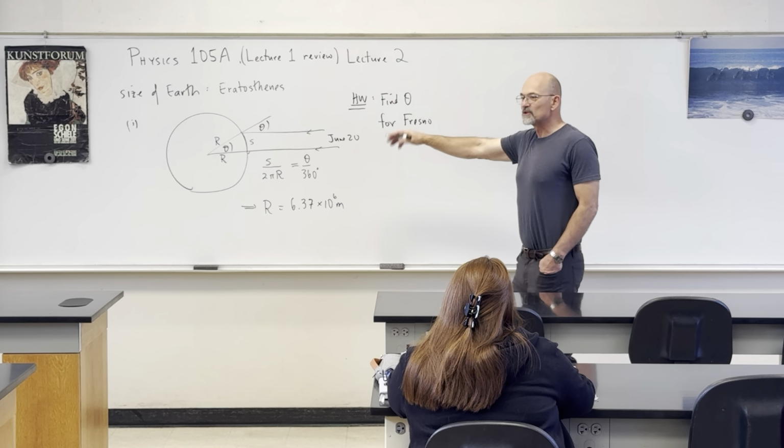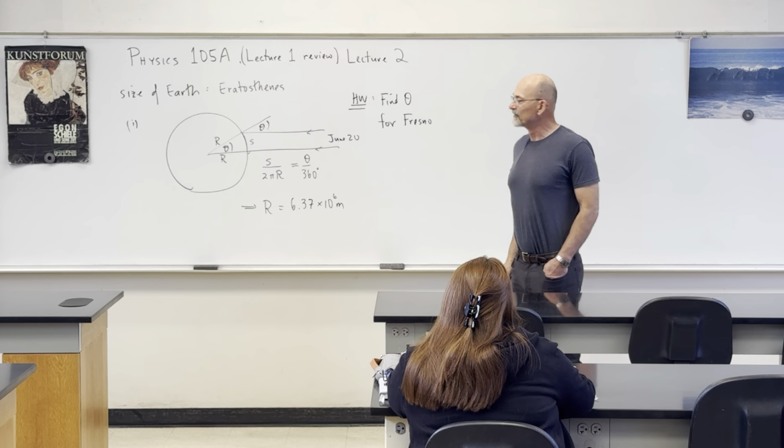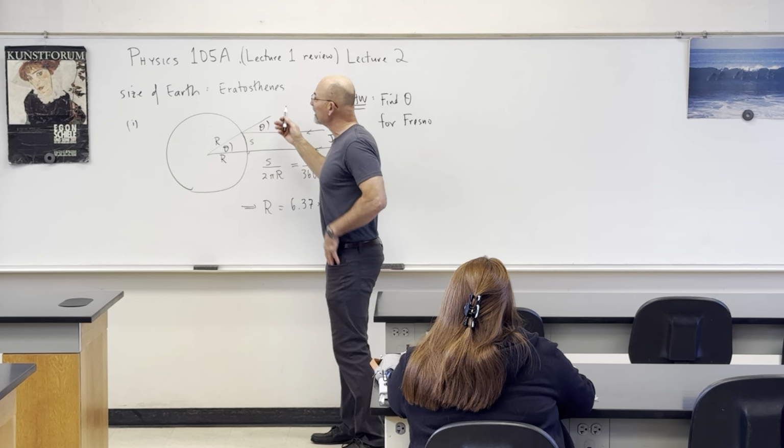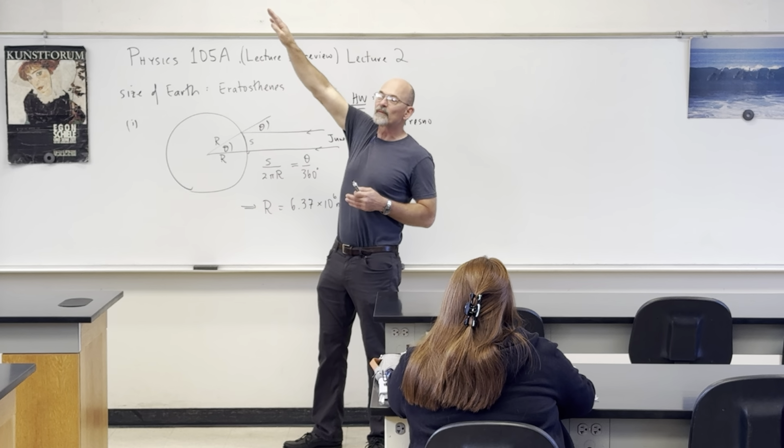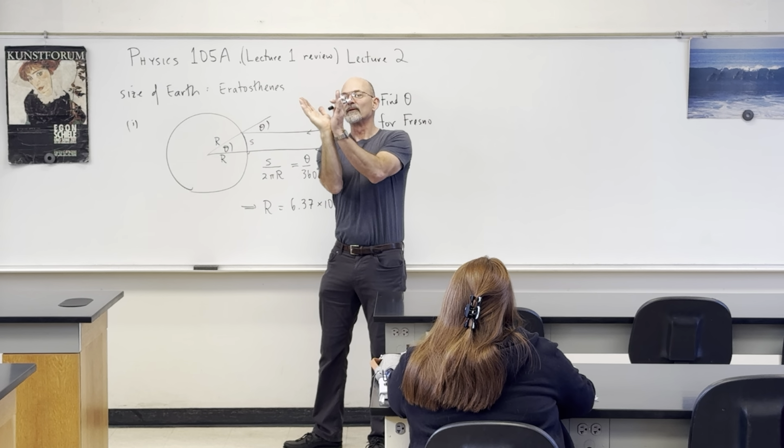Find the angle that you're going to measure for Fresno. This was on June 20th. Then you draw that picture and explain your thinking. So this is the straight up and down and the sun on June 20th. It's never directly overhead in Fresno, so it's somewhere there, and the angle that we're measuring is that one.